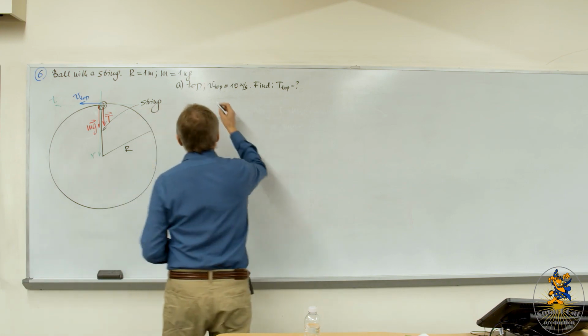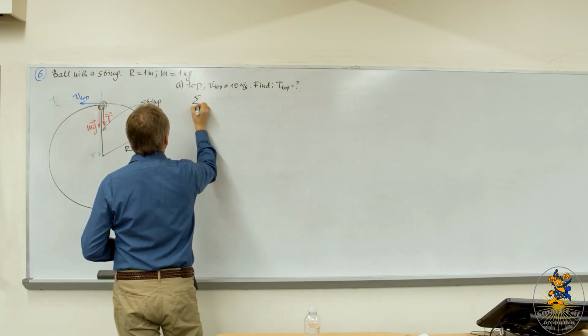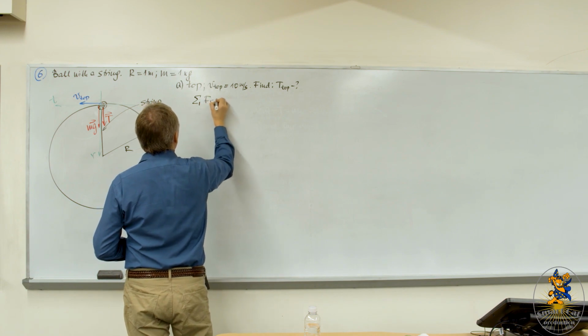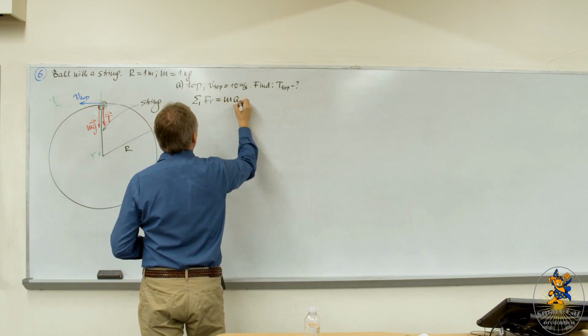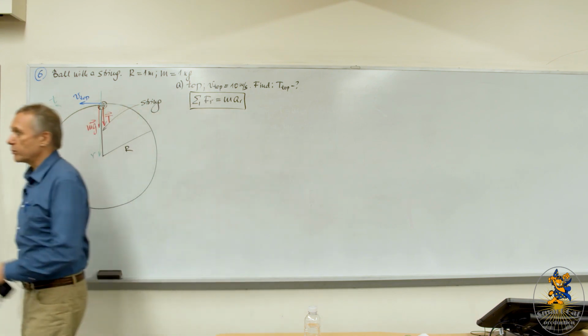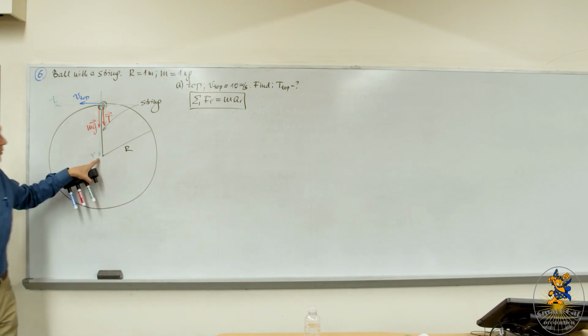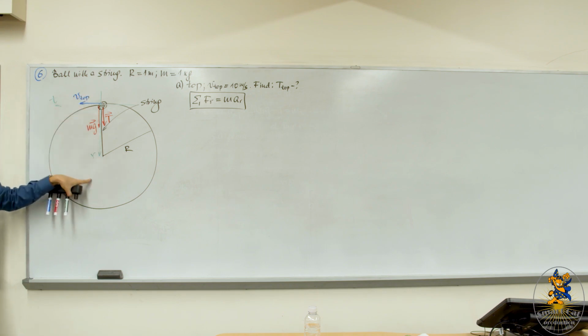So now let's apply Newton's second law in the radial direction. At the top, the sum of the forces in the radial direction equals mass times centripetal acceleration. Again, the ubiquitous Newton's second law. And again, you remember, this is our positive direction, downward r.